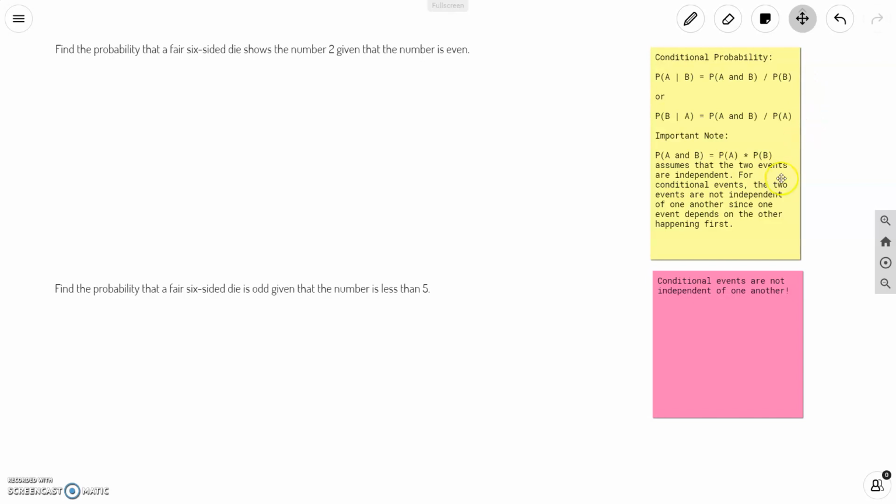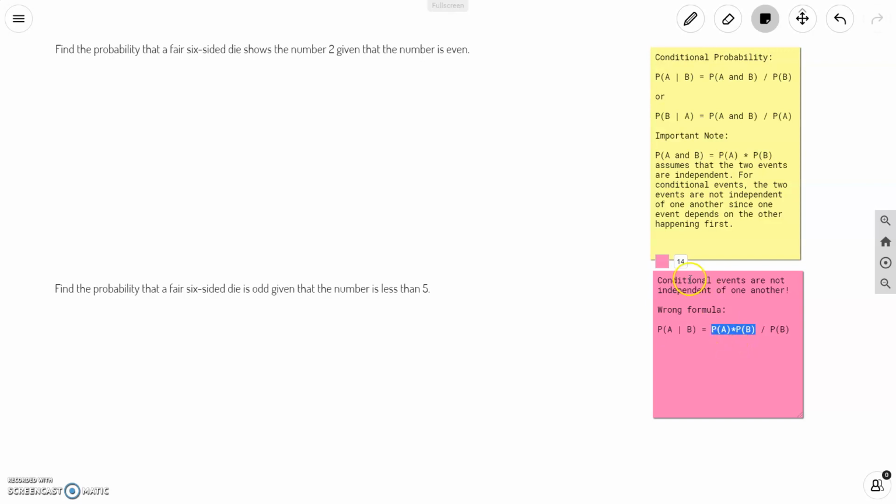And so do not write it as, let me actually include it in my note very quick here. So, wrong formula would be something like P of A given B equal P of A times P of B all over P of B. So this would be a wrong formula because again, this part right here is assuming that the two events are independent of each other.